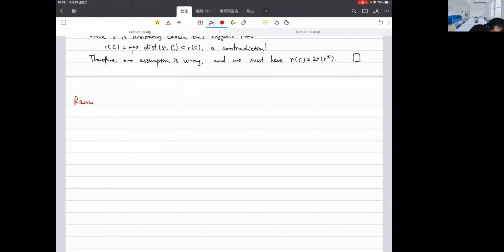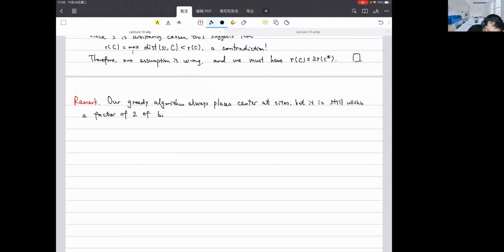So a remark that we know for the center selection problem is that our greedy algorithm always places centers within a factor of 2 of the best solution, even though the best solution is allowed to pick centers anywhere.